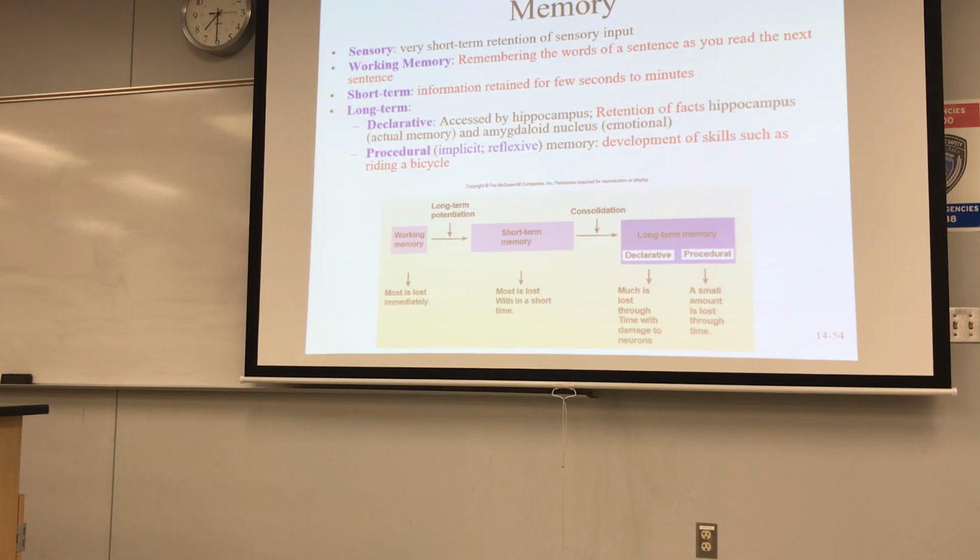So when we're looking at memory, we have three main types: working, short-term, and long-term. Working memory is one we don't even think about. It is that working memory of when you're reading one sentence in a book, you remember it, so when you read the next sentence, you understand what's going on from the previous sentence. You can imagine if you had no working memory, you read a sentence, you completely forgot the previous sentence, kind of like AP class.